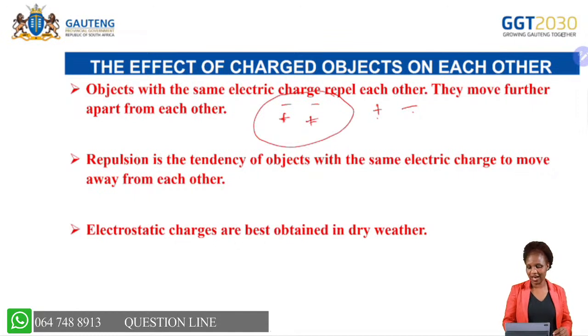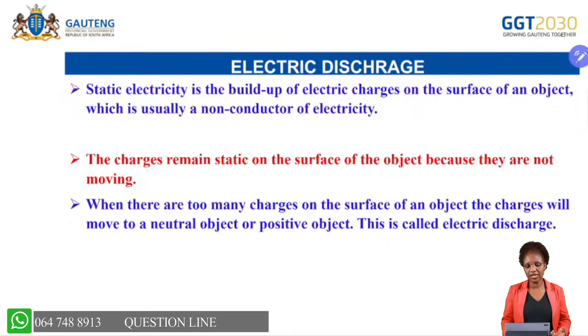Electrostatic charges are best obtained in dry weather. There is no disturbance. It's dry weather, then they are best obtained. Not in a place which is wet. Let's move on. Static electricity is the build-up of electric charges on the surface of an object, which is usually a non-conductor of electricity. Right.